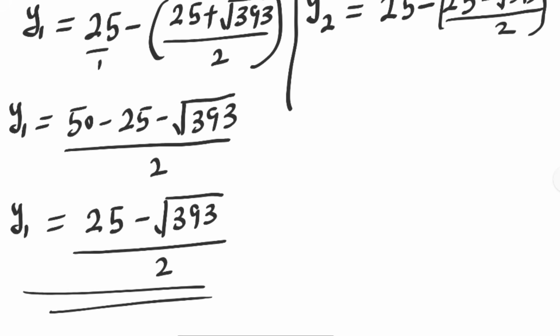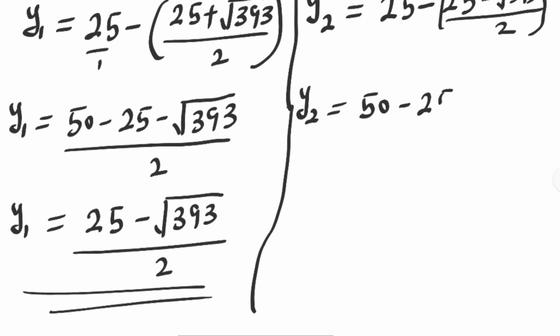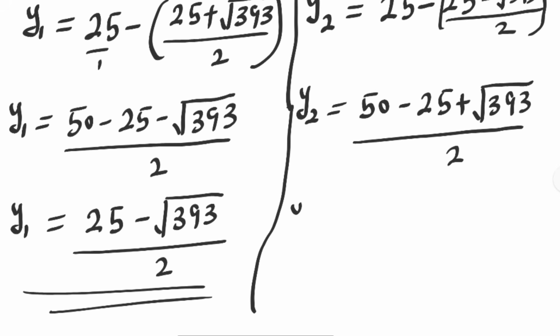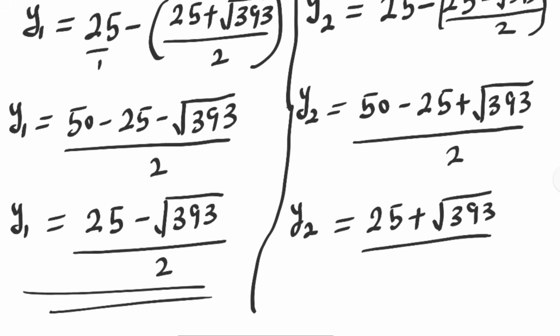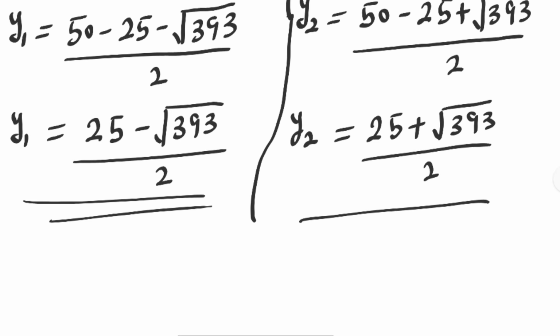This is the value of y1. Then y2 is equal to 50 minus 25 plus square root of 393 divided by 2. y2 is equal to 25 plus square root of 393 divided by 2. This is the value of y2.